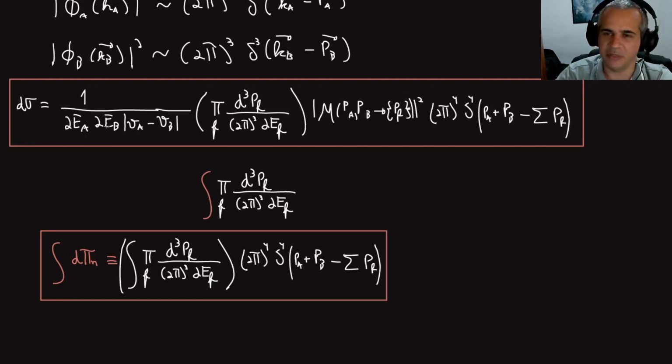This piece is a little bit bothersome because we like Lorentz invariants, and these velocities here and these energies do not look invariant at all. But if you think of how I got here, I really chose a reference frame.